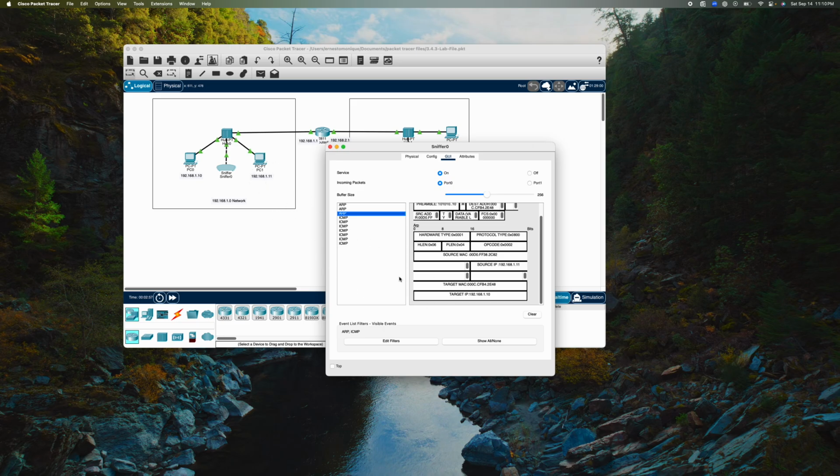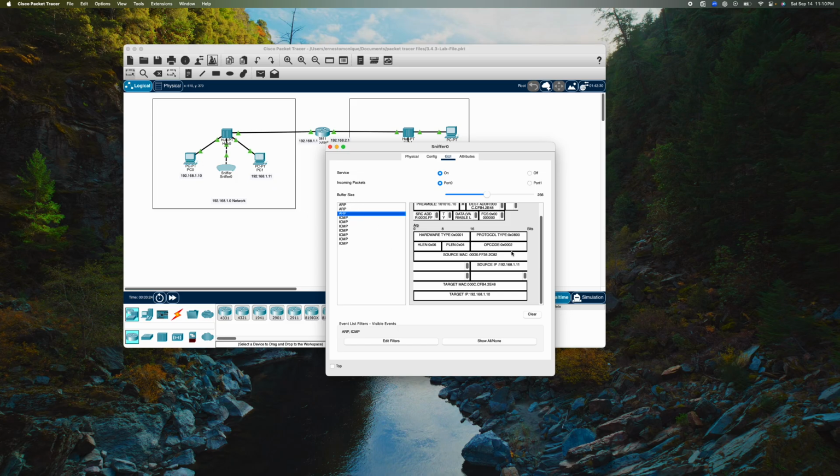So the target IP is gonna be our first computer, which is PC zero, and then we have the target MAC for the PC zero. That's only because this PC is sending a message to this PC that he received the ping that we just sent to him.